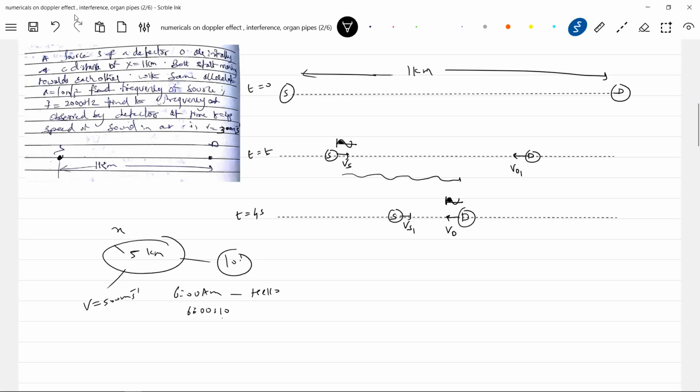Now you say at 6:00:10 you have heard hello, then when would I have said it prior to that? The same thing: at 4 seconds, if I hear the sound, when should it have been generated? Prior to that. So what is this distance? Distance moved by the source. There's a distance moved by the detector.